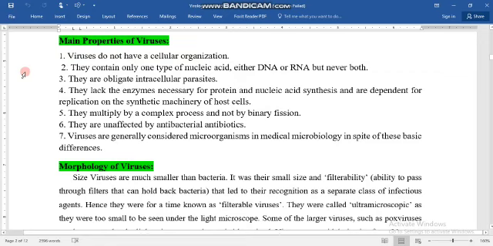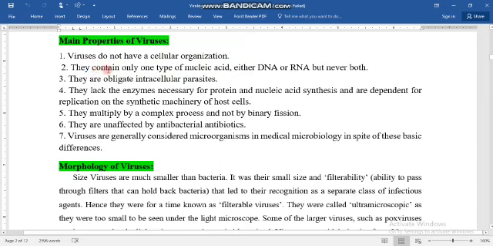I already discussed that viruses do not contain any cellular organization, meaning they do not contain cytoplasm, cell wall, cytoplasmic organelles, for example ribosomes, etc. Due to this, viruses depend on other living organisms for replication. Viruses do not have any self-replicating ability because they do not contain organelles, for example ribosomes. That's why viruses can't replicate independently.